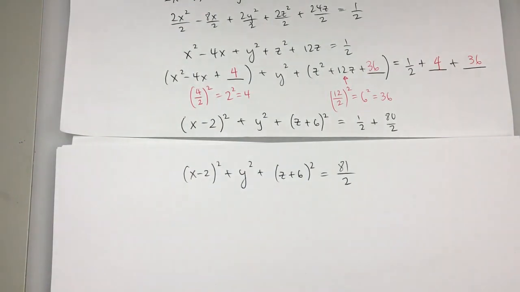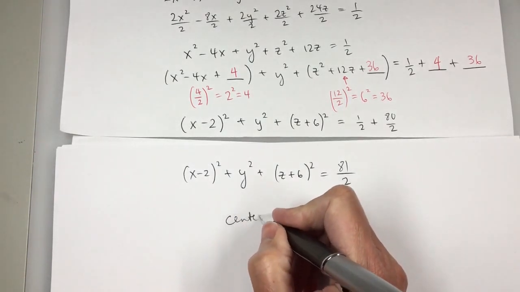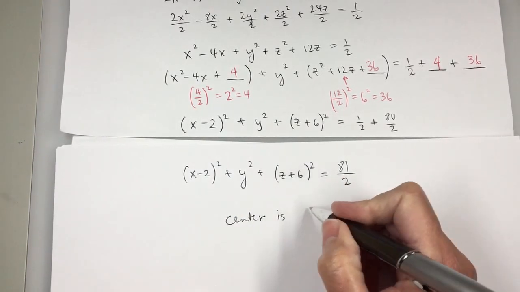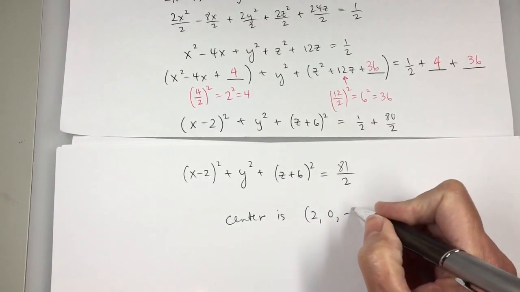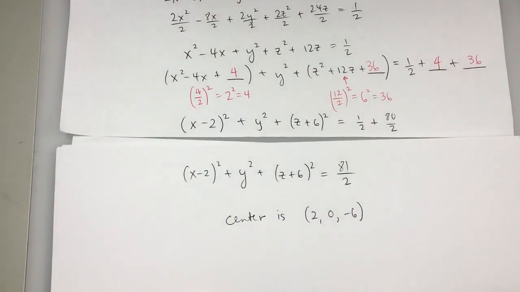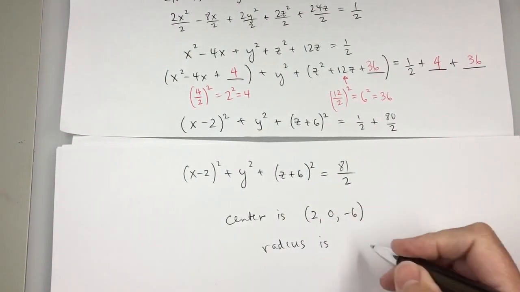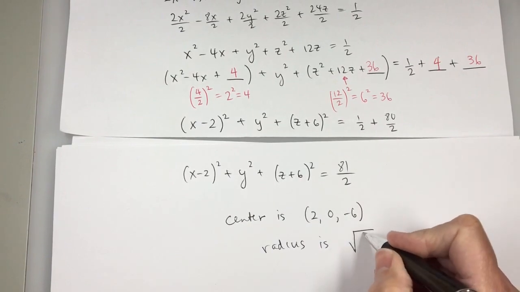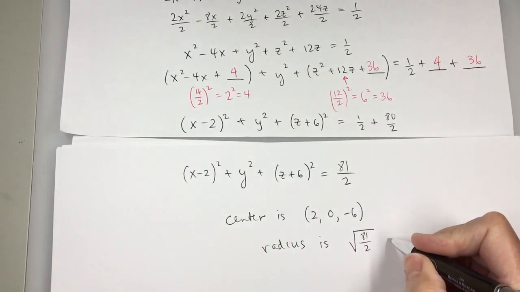So the center of this sphere is (2, 0, -6), and the radius is the square root of 81 over 2. You could leave it like that.